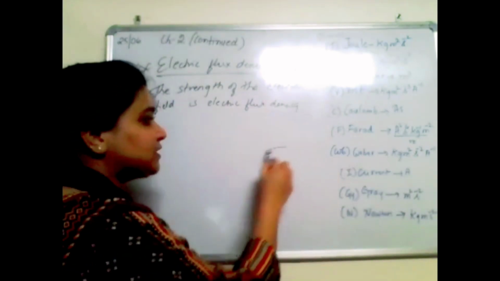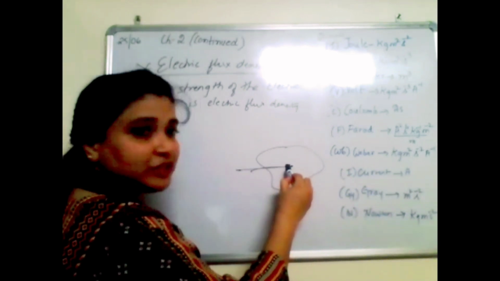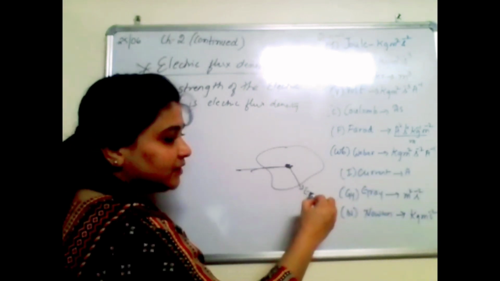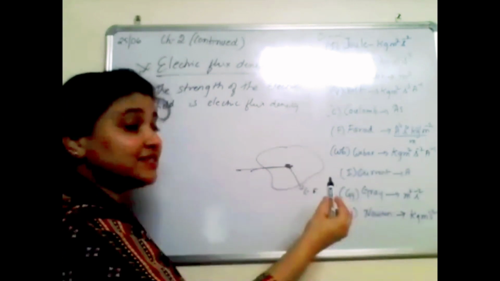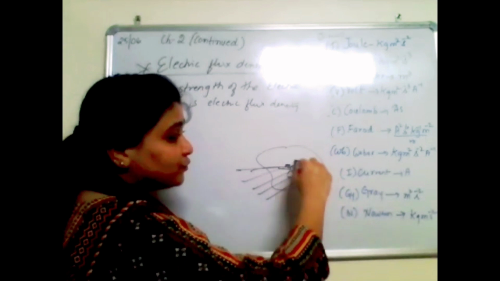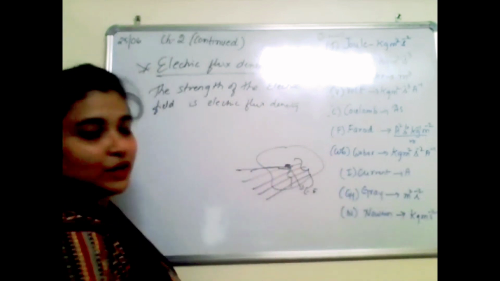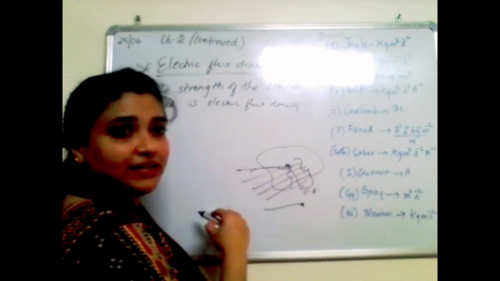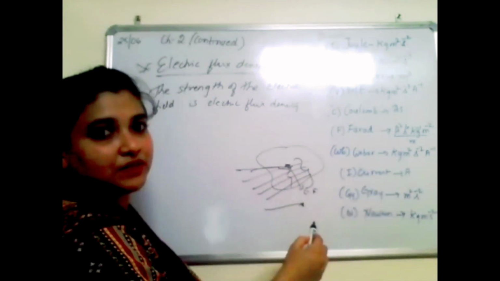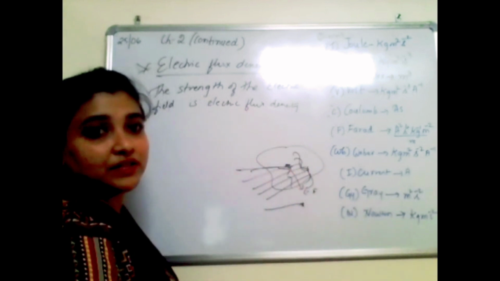Suppose this is an area. At one point, it is how much this location experiences. But flux density is the total lines of force, the total that they experience. If only at a particular location, that is electric field, how much a particular charge experiences. But flux is the total electric field experience. Clear? Okay.